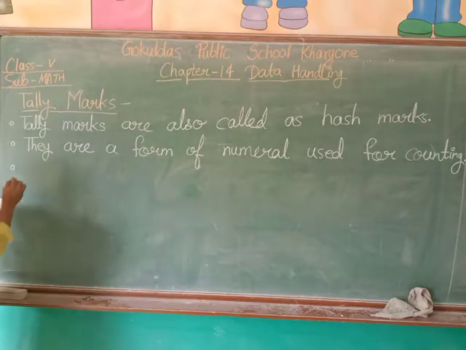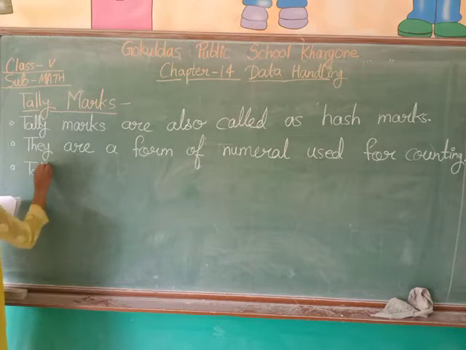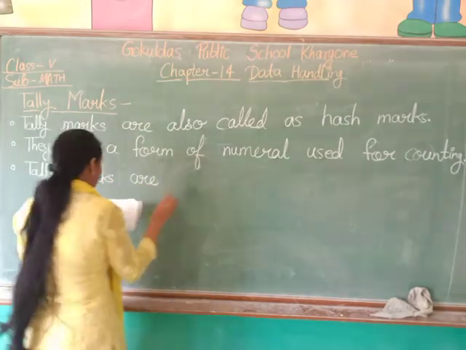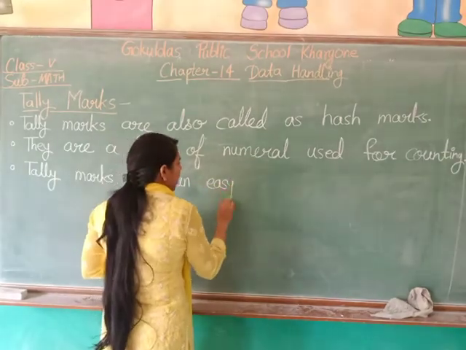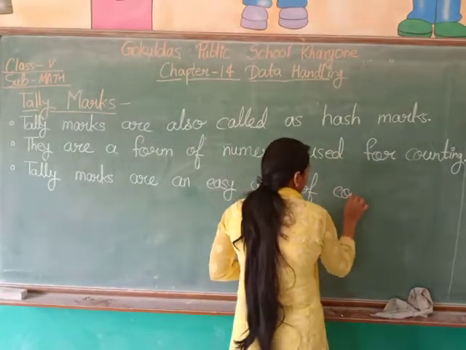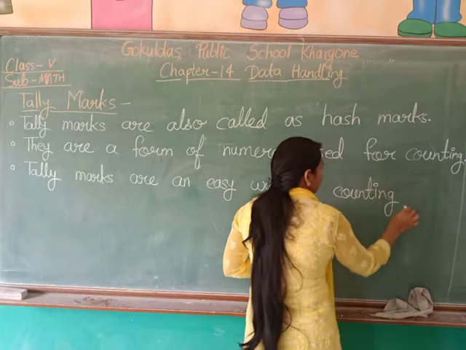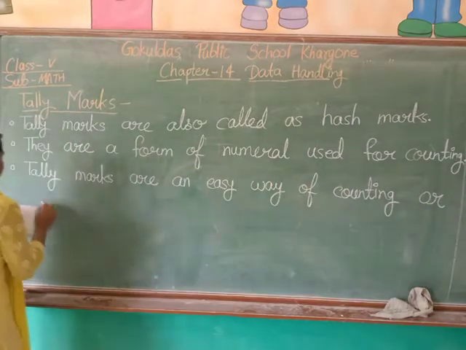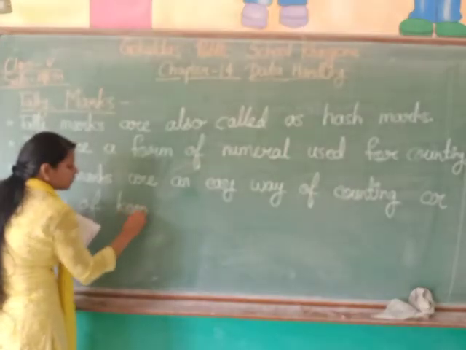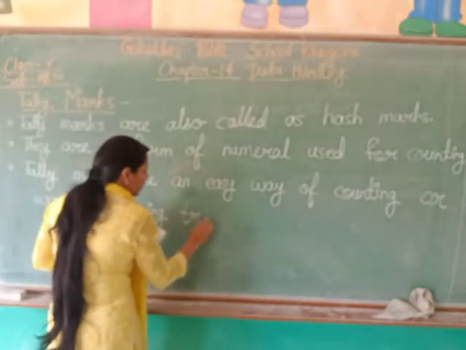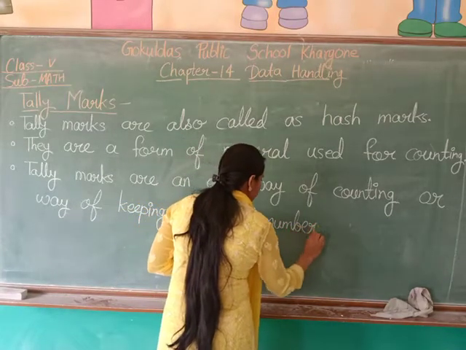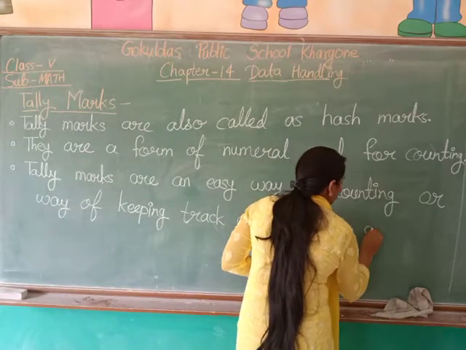Then next point, tally marks are an easy way of counting or way of keeping track of numbers in group of 5.